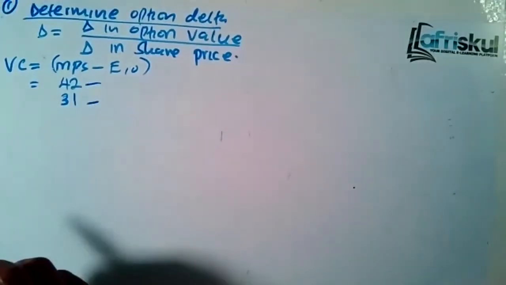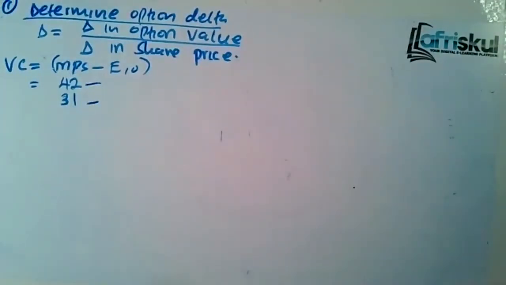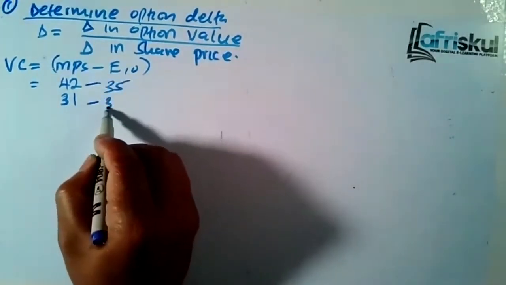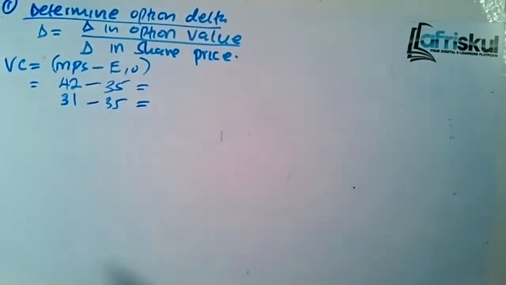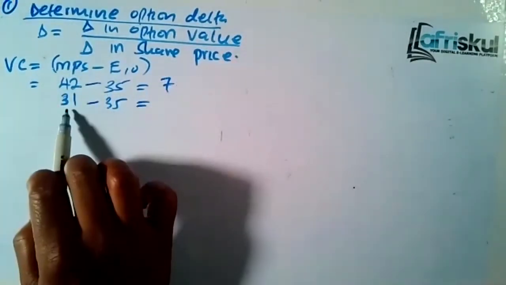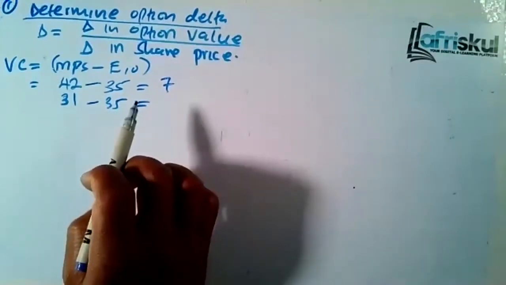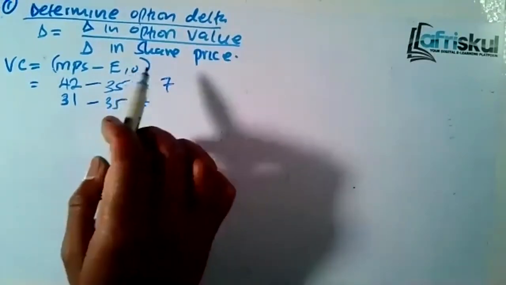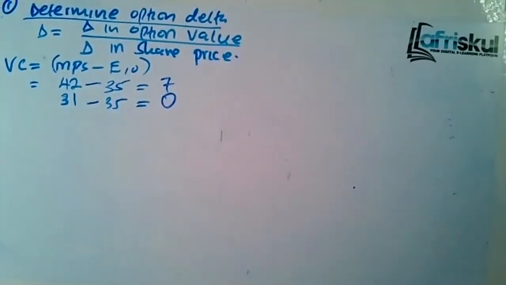Then you subtract the exercise price. We are told that the strike price is 35. So 42 minus 35, you get 7. 31 minus 35, you get a negative. That's why you have this 0. If you get a negative, remember I said that you write a 0.